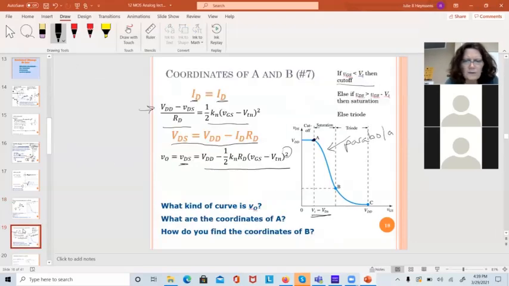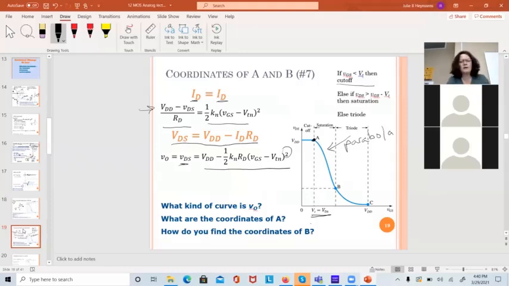So this point is at VDD, VT. The coordinates of B are messy, and we'll look at them on the next slide, but I really don't like talking about it very much because it's kind of useless.